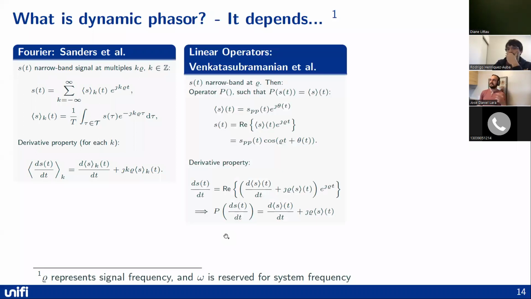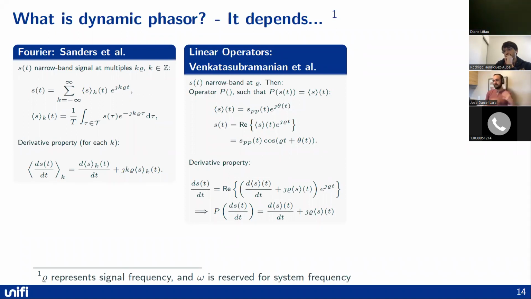Then we suddenly figured out that there's another representation of dynamic phasors that was developed by Venkata Subramanian in his papers in 93, 94, where he introduced the notion of a dynamic phasor, which he also called the fast quasi-static phasor, fast phasor. So he gave it different names, but basically his approach came from the linear operator perspective, which assumes that given a phasor of a signal, you can obtain an operator that gives you the original signal to which that phasor was referenced.